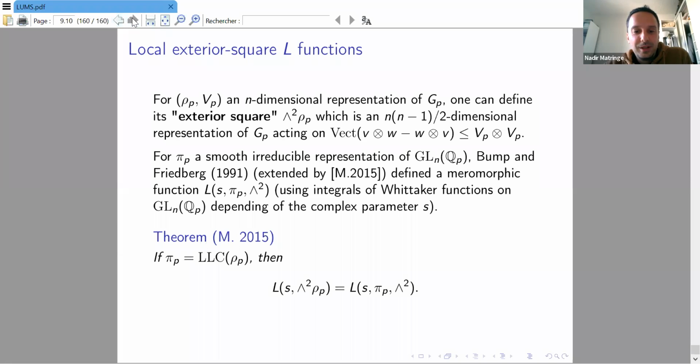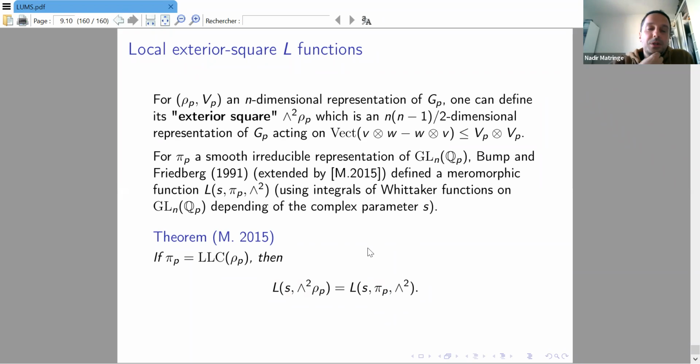And then what I proved is that the local Artin L function attached to the exterior square of rho_p is exactly equal to the Bump-Friedberg exterior square L function attached to the representation pi_p.